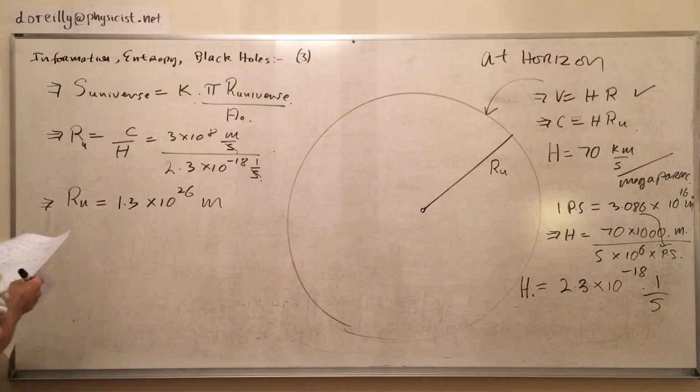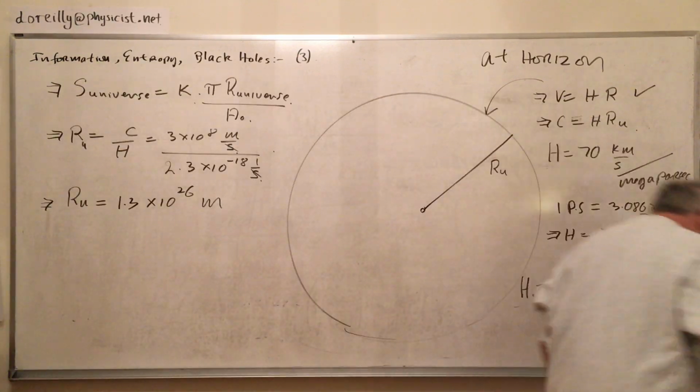So the radius of the universe, if I assume this condition, is going to be 1.3 times 10 to the power of 23 meters. So now I can find the pi r squared.